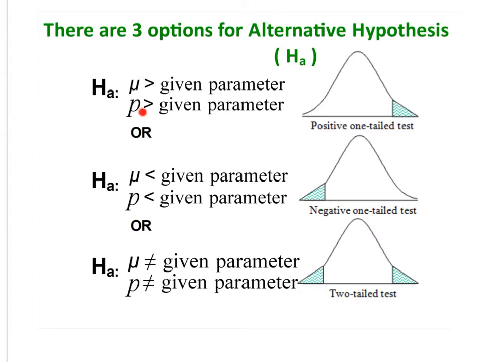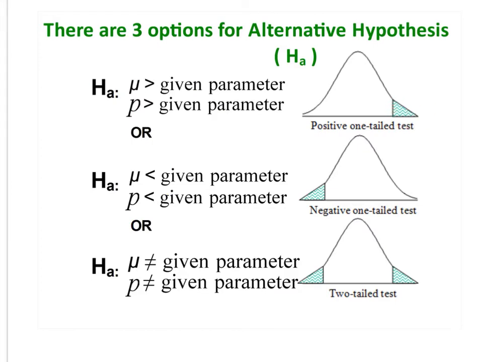If I think about things being greater than, I'm shading this area up here. So eventually, we're going to end up finding z-scores and finding critical values, and then finding the area above them. So for alternative hypothesis 1, we think it's greater than, so we're shading above.